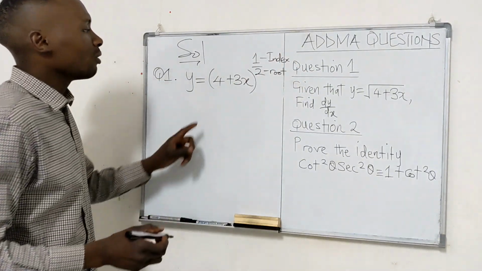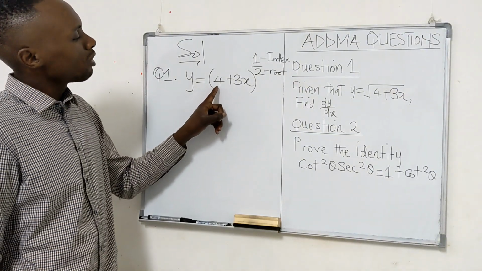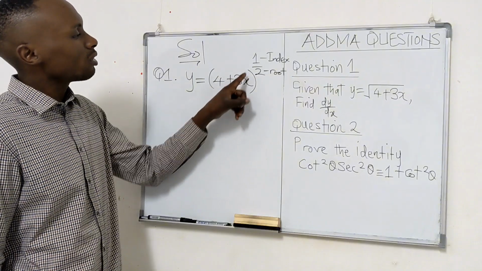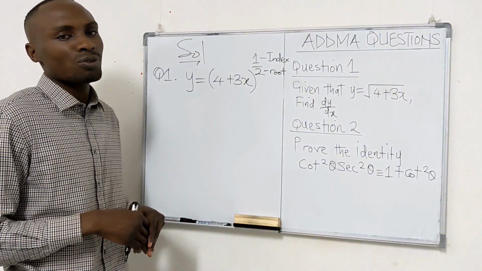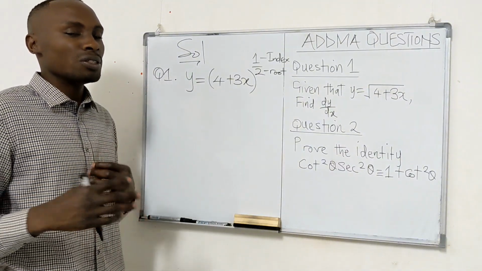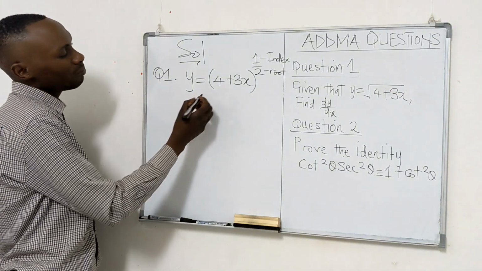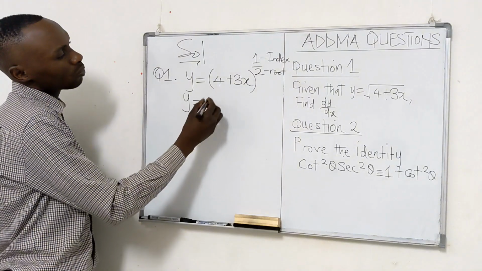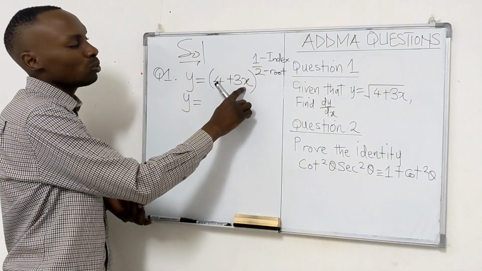After writing the function in this form, y equal to (4 plus 3x) to the power 1 over 2, we can now find the derivative of the function. This here is a function of a function. In short, it's a composite function. So we're going to let 4 plus 3x equal to u.